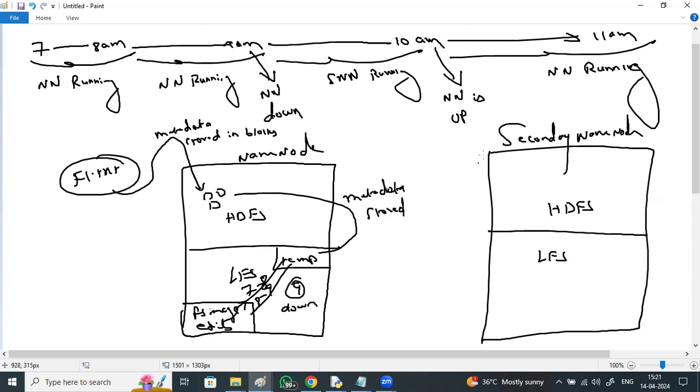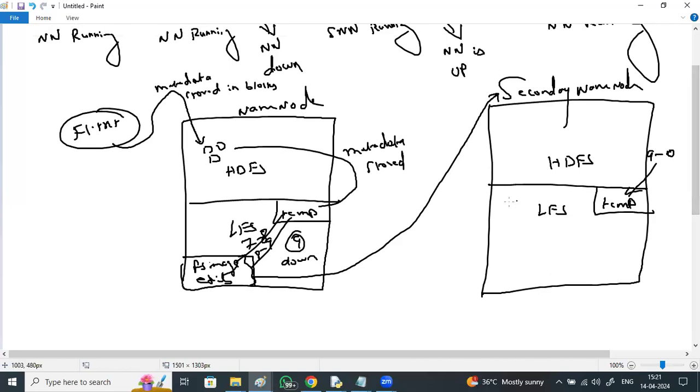When it is down, the secondary name node can read the metadata from this FS image and edits. During the absence of the name node, from 9 to 10, it maintains the metadata within the temp folder.